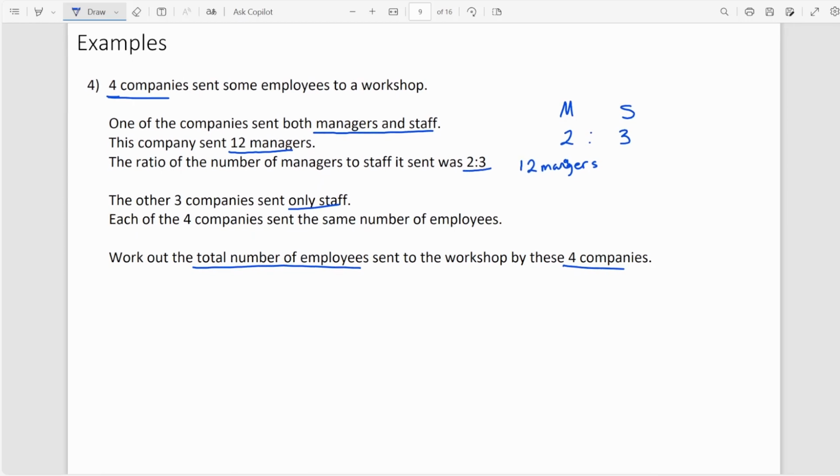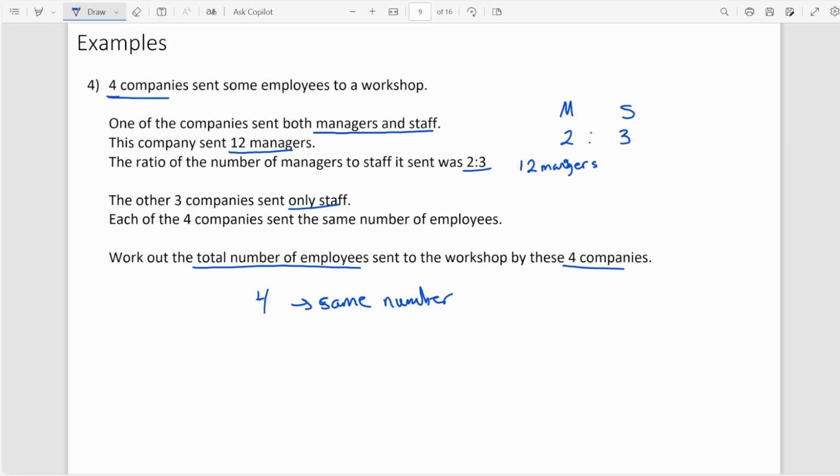Now, in order to figure this out, we need to understand that we have basically 4 companies, and each of them sent the same number. The same number of staff, except the first company. But in the end, they all sent the same number of employees, really. So to know the total number of employees, I would just need to know how much did each company send.